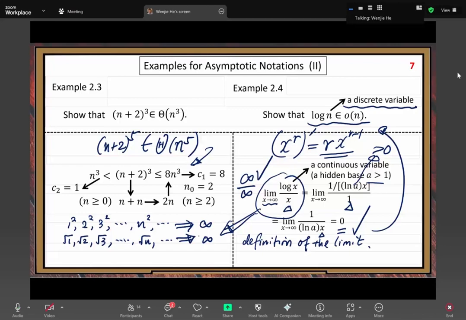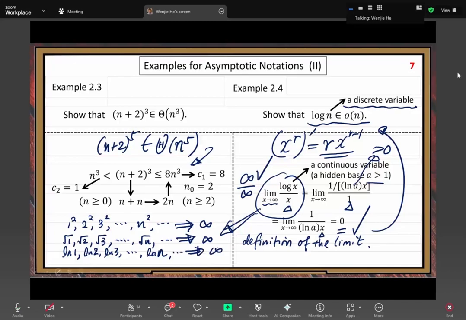And let me use the natural log, so we do not need to specify the base: natural log of 1, natural log of 2, natural log of 3, and natural log of n also approach infinity, right?